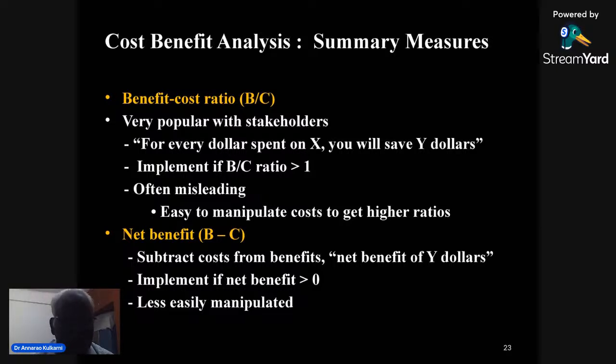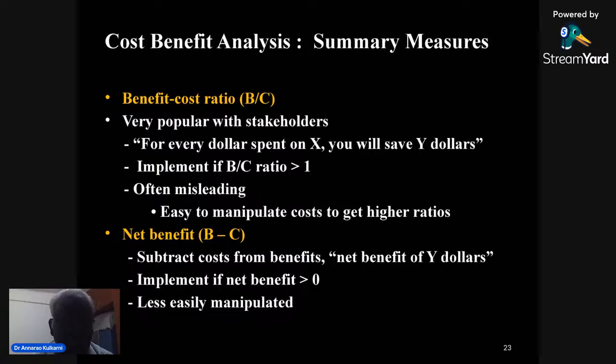In other words, it's easy to manipulate how costs and benefits are described to get the ratio that we want. In the same way, the ratio can be manipulated to show a bigger return on investment than really exists, again by labeling costs as negative benefits or labeling benefits as negative costs.